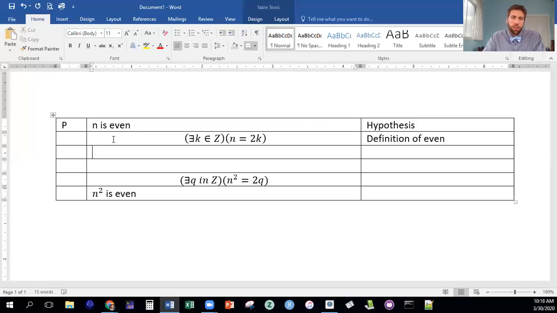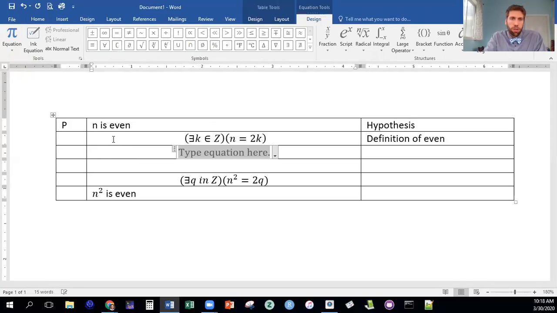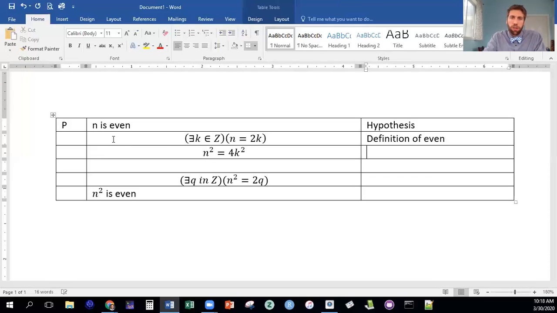And so here, if n equals 2k, I can say n squared equals (2k) squared, and then substitute. So (2k) squared would be 4k squared, and that's substitution and algebra.